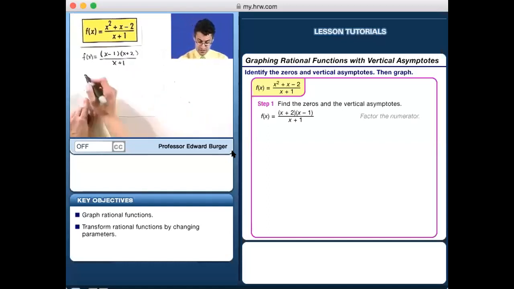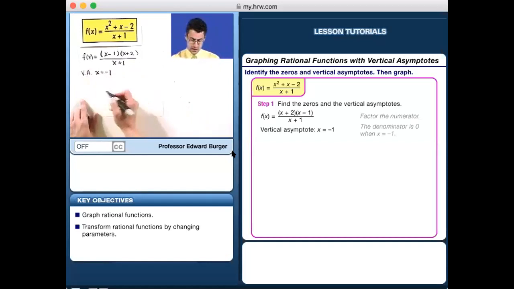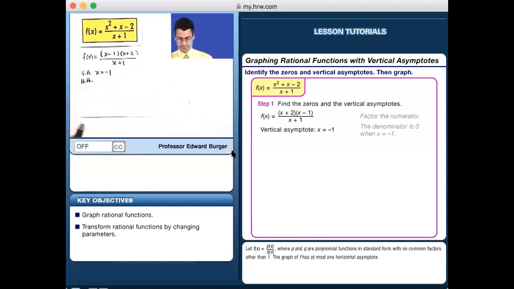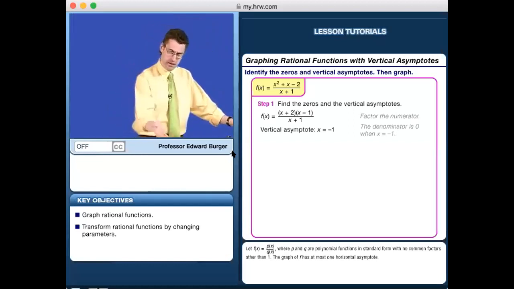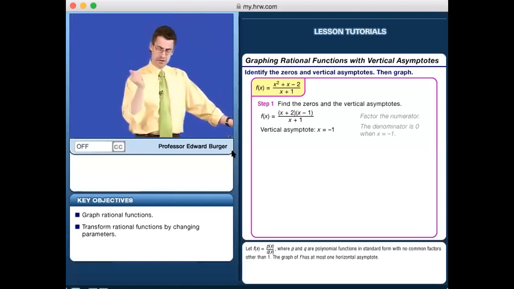So let's find asymptotes. Vertical asymptote: that's an x value which makes the denominator equal to 0, so x equals -1. Now what about the horizontal asymptote? Well, this is not of that nice simple form that we saw earlier. So here's the rule. For horizontal asymptotes, you look at the highest exponent appearing in the numerator and the highest exponent appearing in the denominator.